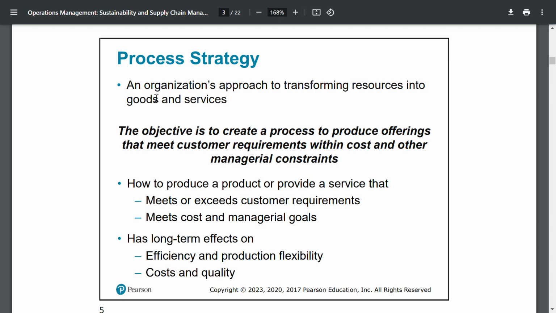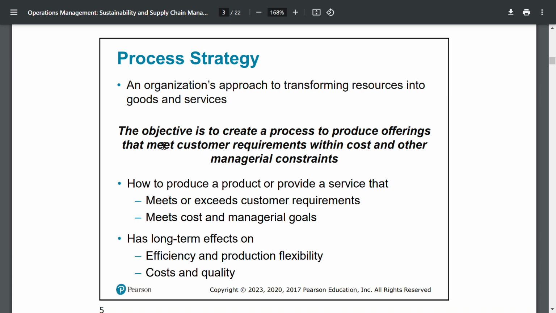So the objective is to create a process to produce offerings that meet customer requirements within, of course, cost and other managerial constraints. So there are constraints, we need to be within these constraints and also produce offerings that meet customer requirements. We need to know how to produce a product or provide a service that meets or exceeds customer requirements. That's very important. If it doesn't meet the customer requirements, then what are we doing with our product?